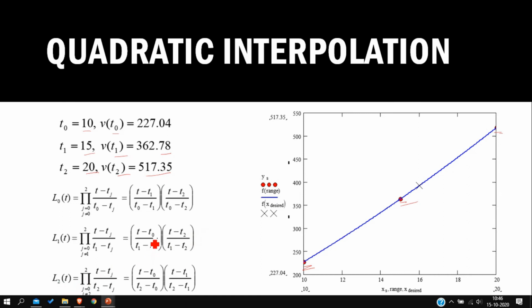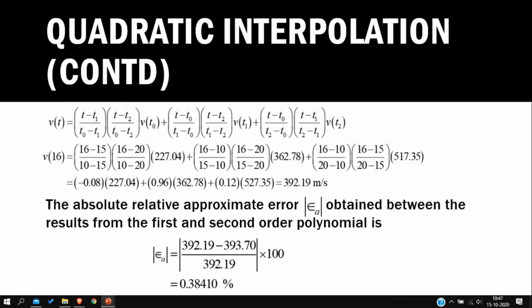L2 of t is t minus t0 and t minus t1 as the numerator, and in the denominator it is t2 minus t0 and t2 minus t1. So that is L2. So L0, L1 and L2 we obtain, and then substitute them in the function.